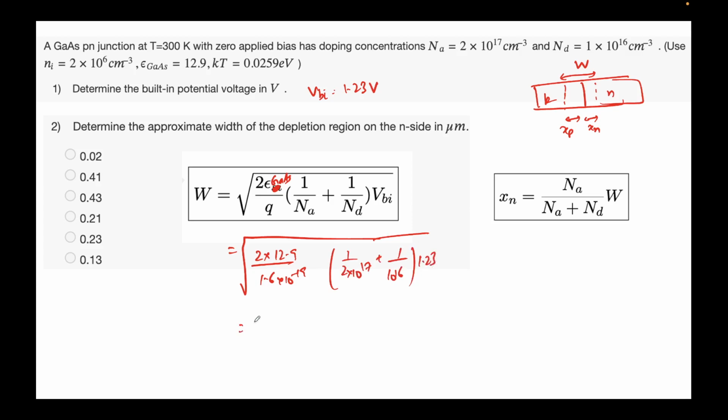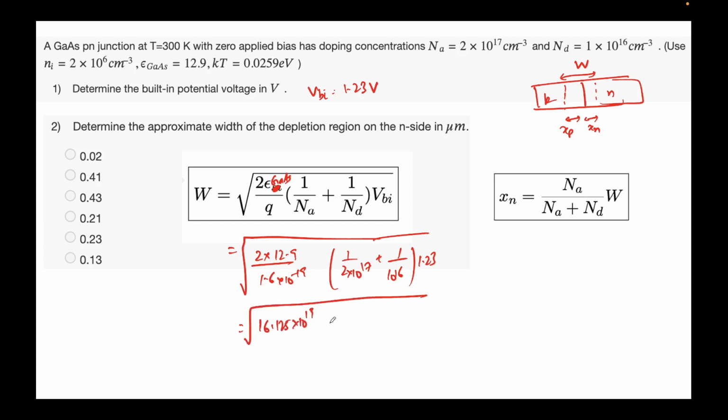Let me get my calculator now, or rather simplify this first. This is around 13 into 2. So the first term will come out to be 2 times 12.9 divided by 1.6. This comes out to be 16.125 into 10 to the power 19.